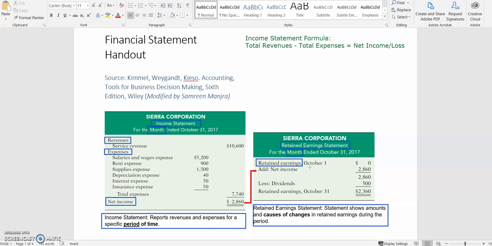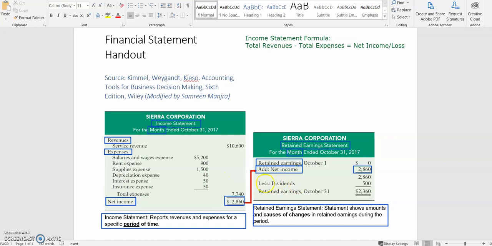But if you have a continuing company, 1 month's ending is the next month's beginning. From there, you're going to add net income, and the net income amount you can see matches with the amount in the income statement. So you have the exact same amount that's being used for the retained earnings statement.